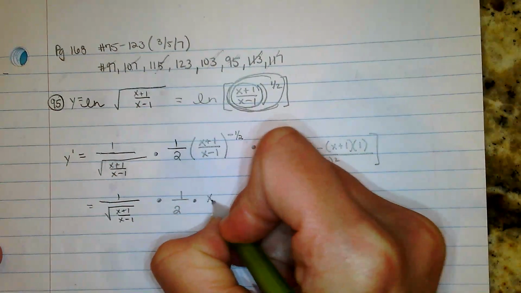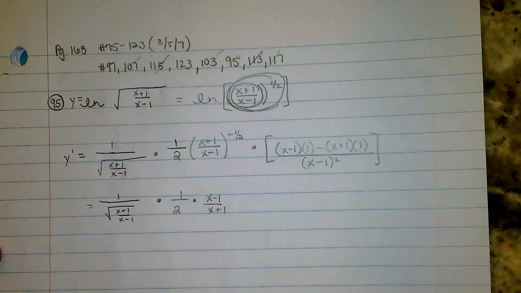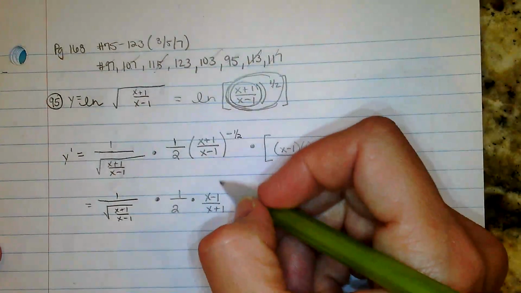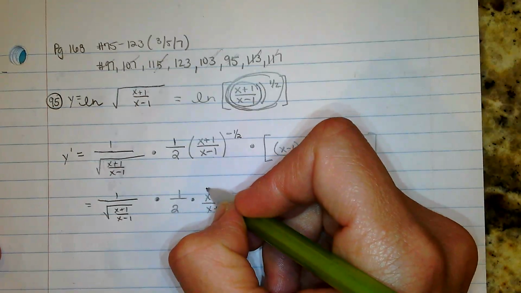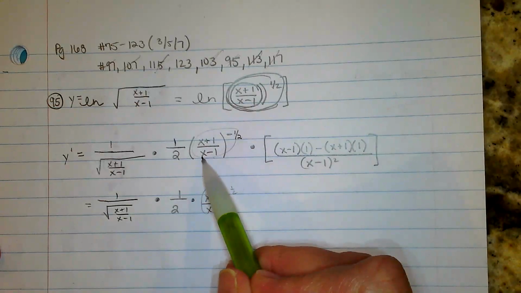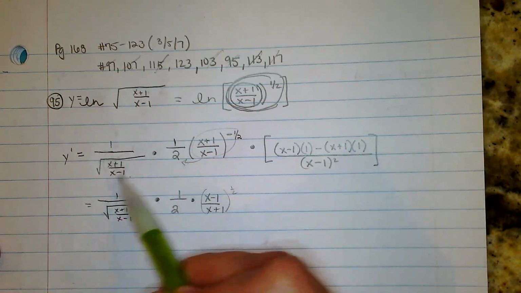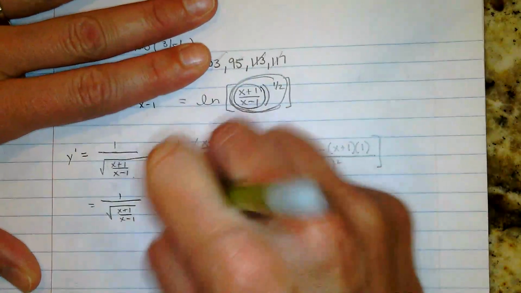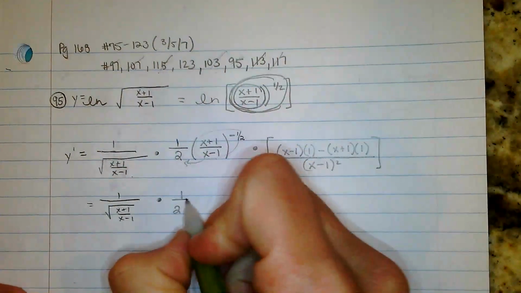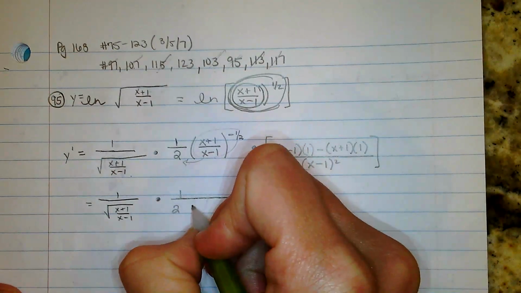So it's going to be x minus 1 over x plus 1 to the 1/2 power. But actually, I think if I just take this and move it into this one's denominator as a positive 1/2, then it will almost be more common with that one. So I'm going to move this into a denominator.